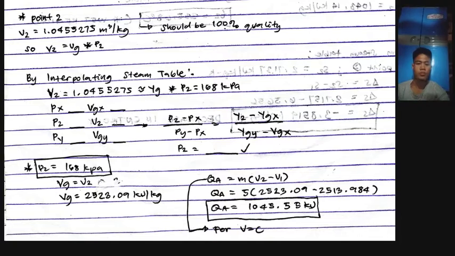And next, okay, next QA equals M open parenthesis U2 minus U1. And by substituting it, QA equals 5 open parenthesis 2523.09 minus 2315.984. And by calculating it, our QA will be 1045.55 kJ for V equals C.